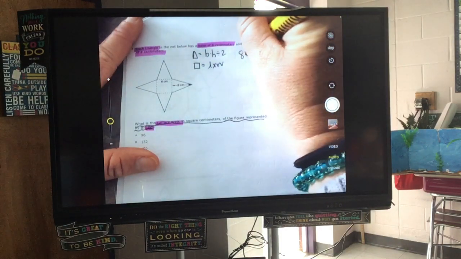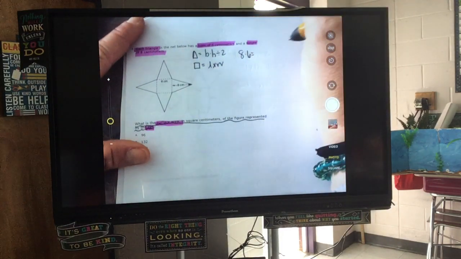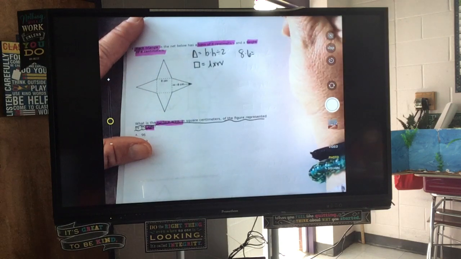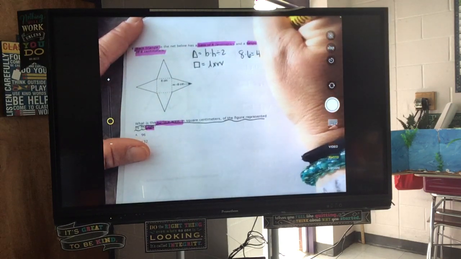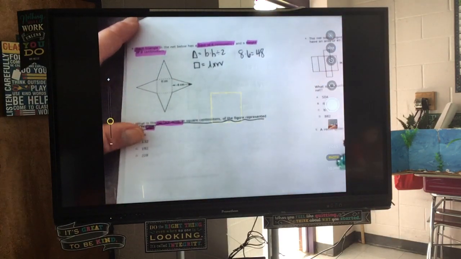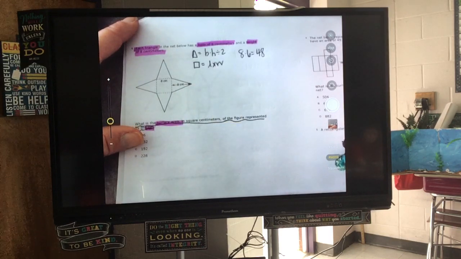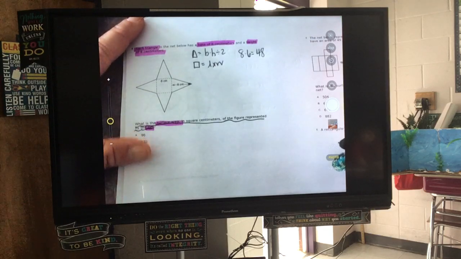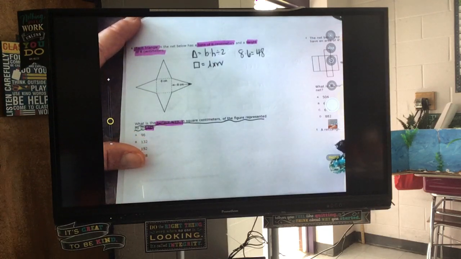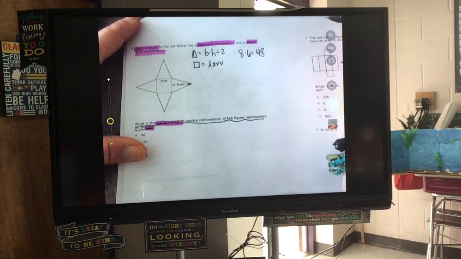So we're going to do a triangle first. We're going to do 8 times 6, which gives us what? What's 8 times 6? Callie: 48. Am I going to divide? You can, or you cannot. Andrew, what do you want to do? You don't, why? Because you're just going to end up adding again.